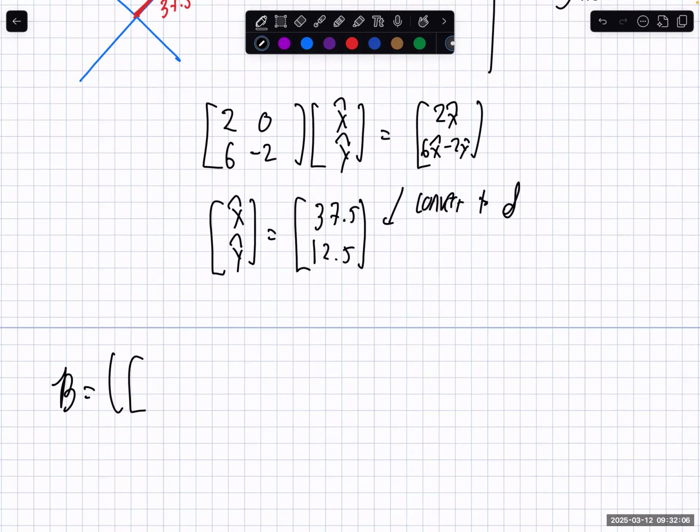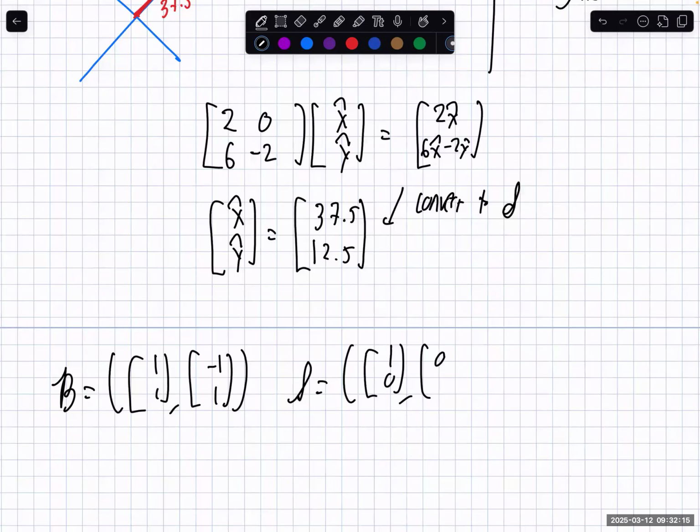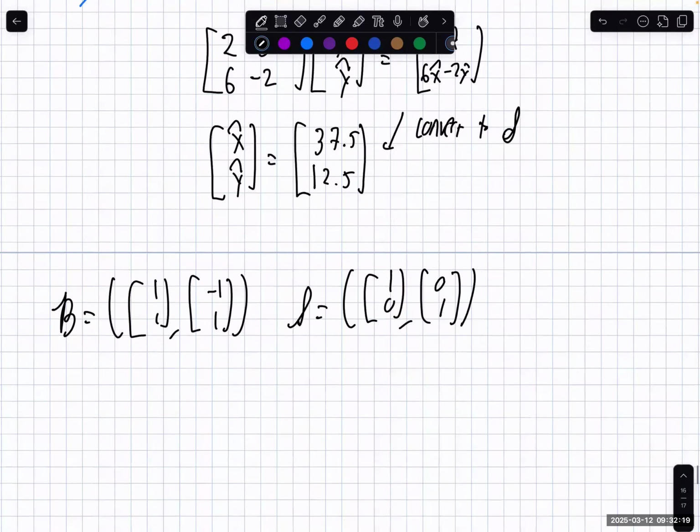So our B basis was the hypercentaur and anti-centaur. The standard basis is horses and humans.